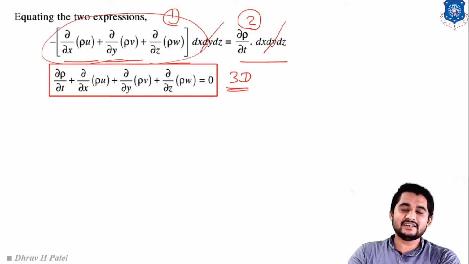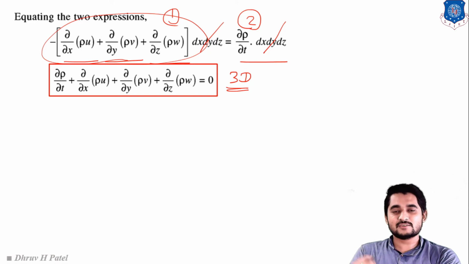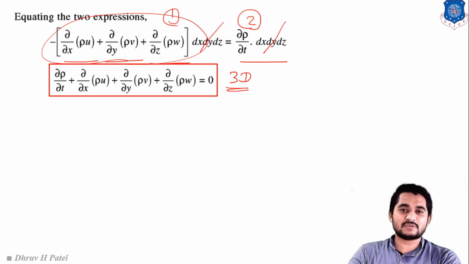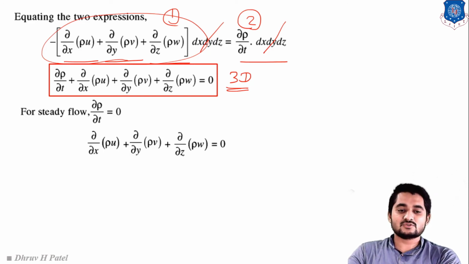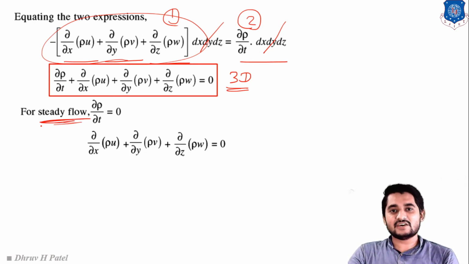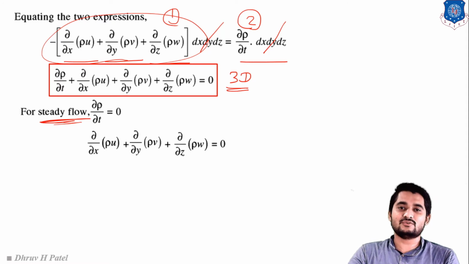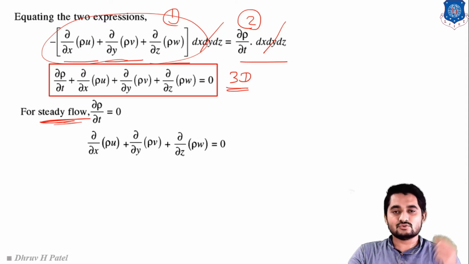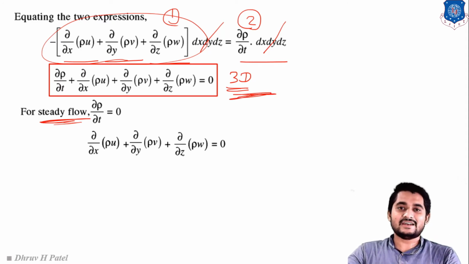Clear? But in any descriptive examination they can ask for the continuity equation for various subcategories also. So let us take subcategories of the continuity equation. For steady flow, suppose in the examination they ask to derive the continuity equation for steady three-dimensional flow. You have to derive up to this level, and after that, for steady flow, any derivative with respect to time will be 0.